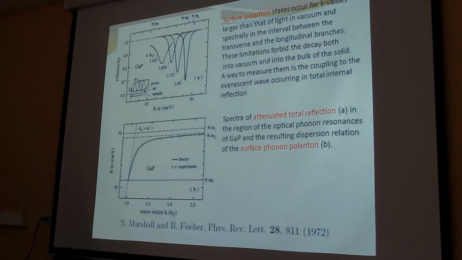This is the infrared range, where the wavelength is large. Tomorrow you will see it also for excitons, for much shorter wavelengths. This is an experimental difficulty, to bring the sample so close to the prism base without touching it.